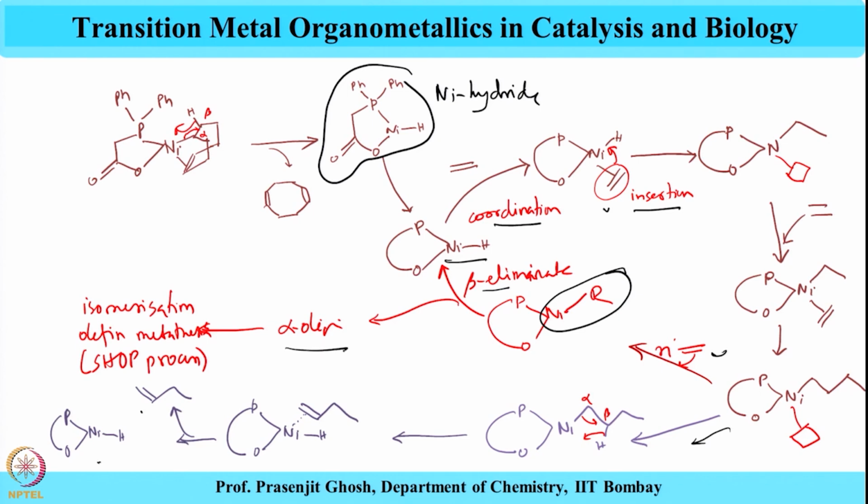Now, these alpha olefins are then fed into the isomerization and olefin metathesis reaction as a part of the Shell process. So, with this we conclude our discussion of olefin oligomerization as a part of the Shell process in today's lecture.